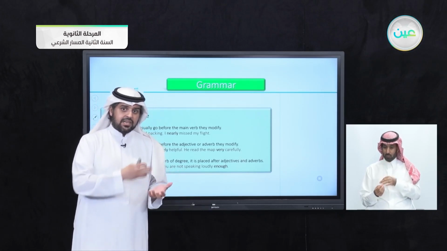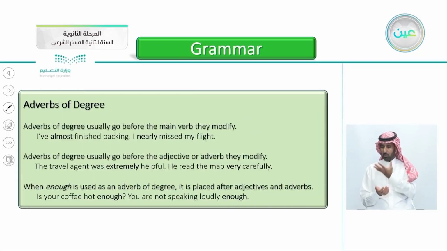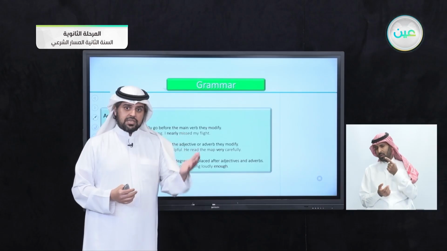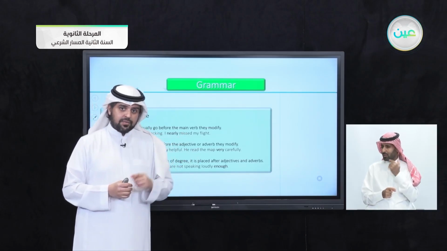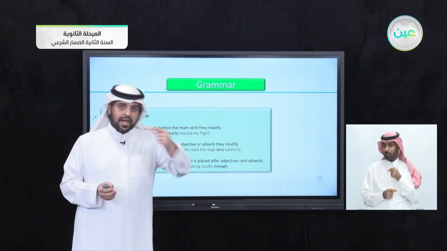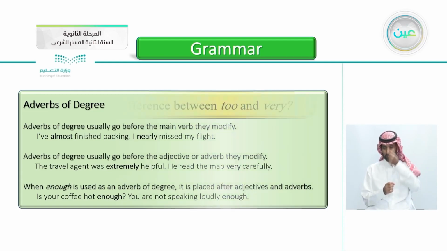It came after the adjective hot. When you say to your teacher, you're not speaking loudly enough, loudly here is the adverb, and you put the word enough after it.